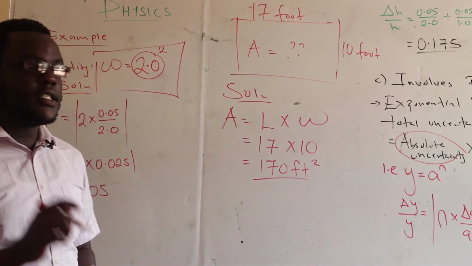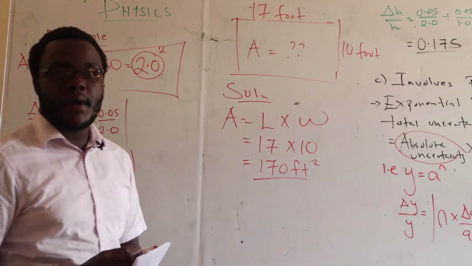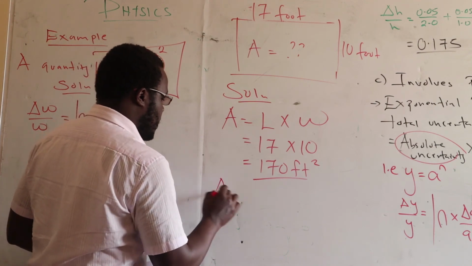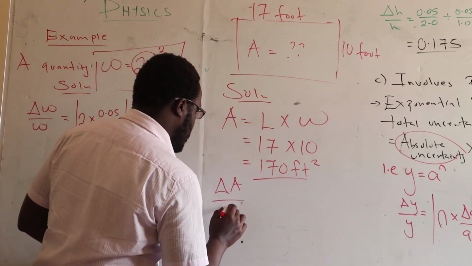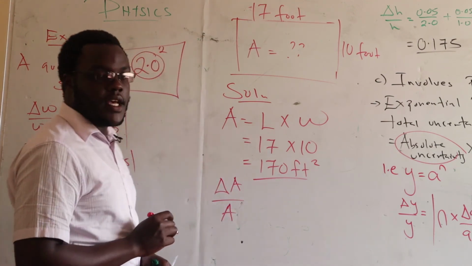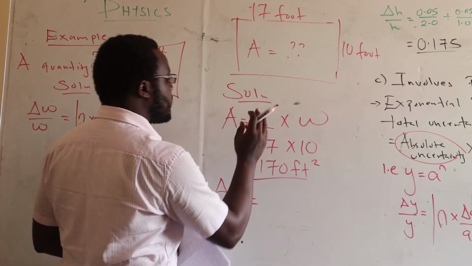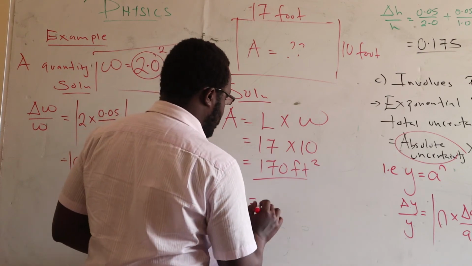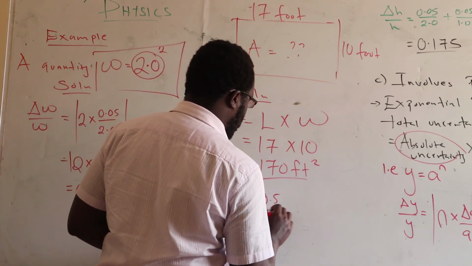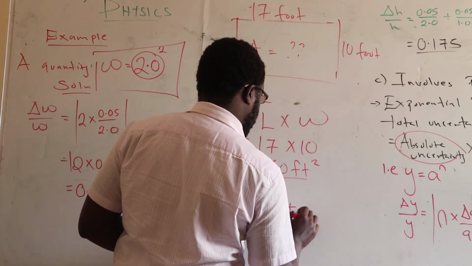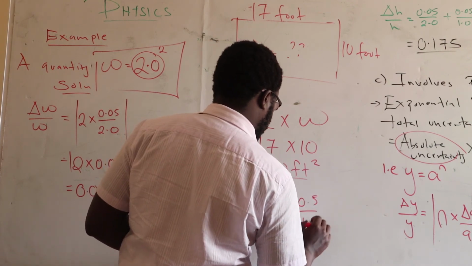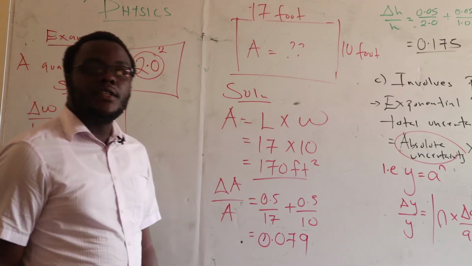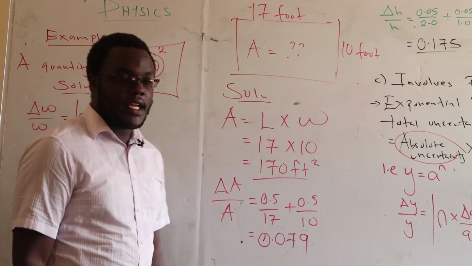However, this is bound to be affected by the errors when you're using the machines. Therefore, we have an uncertainty for the area as the sum of individual uncertainties. So we have 0.5 divided by 17 plus 0.5 divided by 10, giving us the total uncertainty as 0.079.